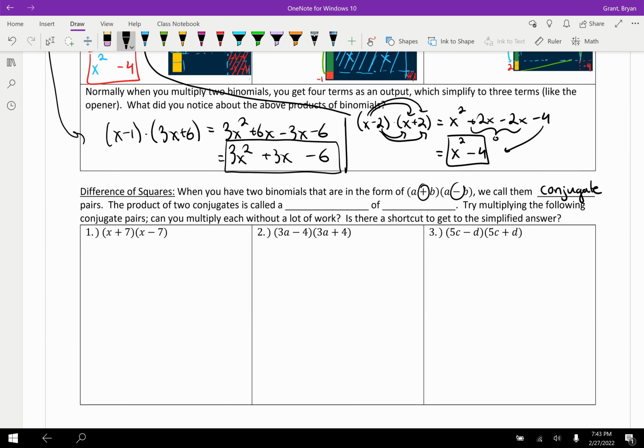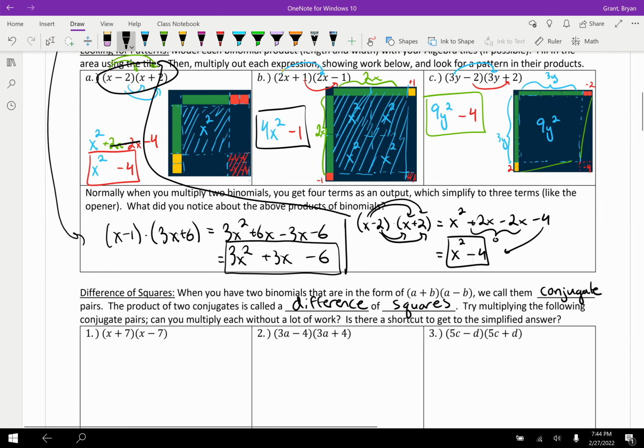Conjugate pairs are identical binomials, but one positive, one negative in the middle. The product, multiplication, of two conjugates is called a difference. And remember in math when we find the difference between two numbers, for example, if I said, what's the difference between 10 and 6, you'd tell me 4, because difference in math means subtract. A difference of squares.